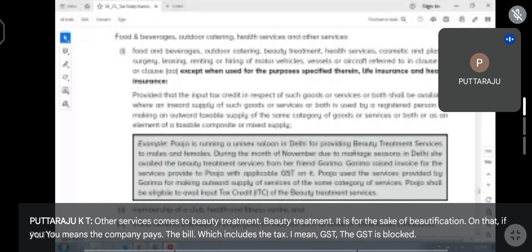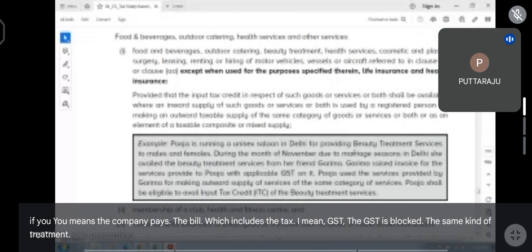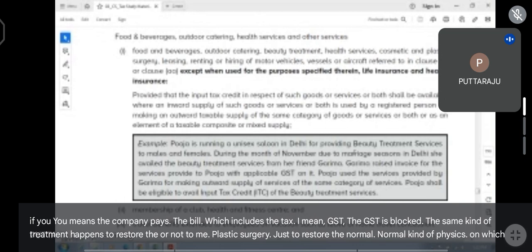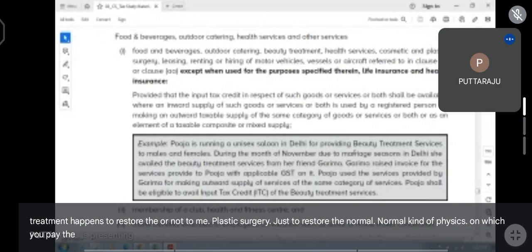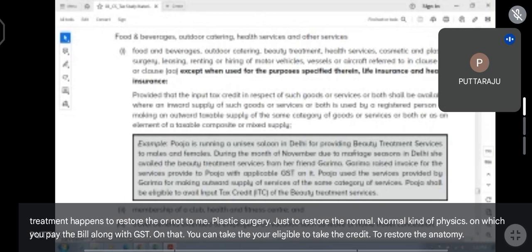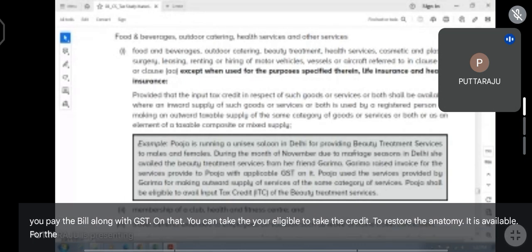If the same kind of treatment happens to restore the anatomy, plastic surgery, just to restore the normal kind of physique, on which you pay the bill along with GST, on that you are eligible to take the credit. To restore the anatomy, it is available. For the beautification, it is not allowed.